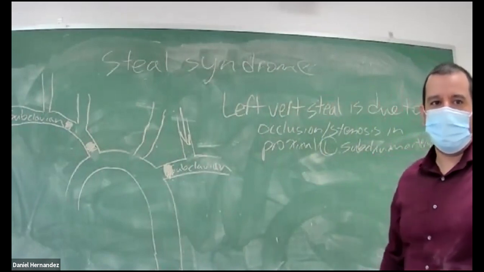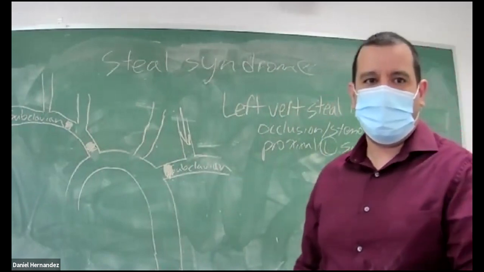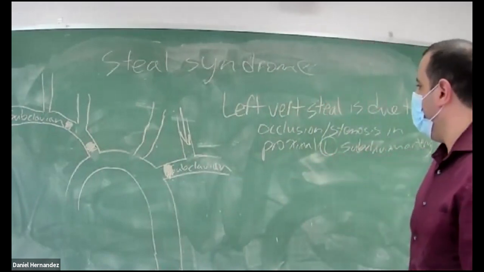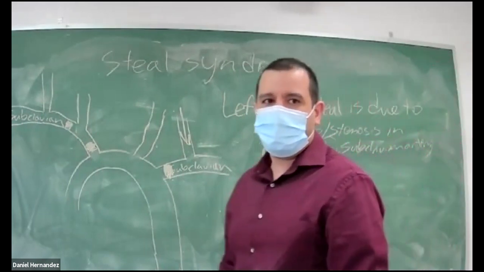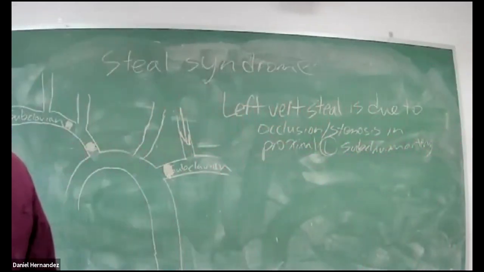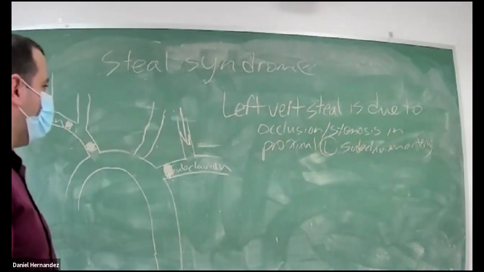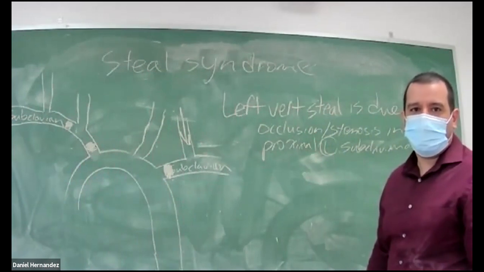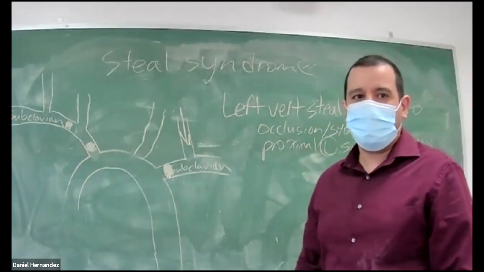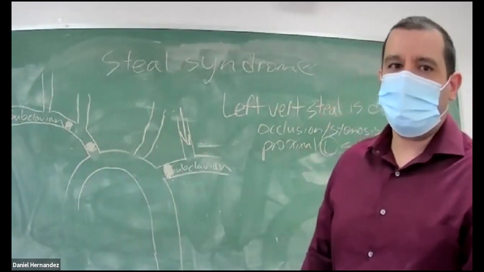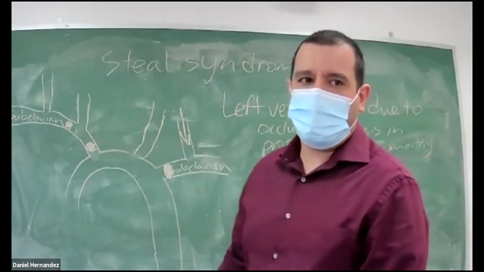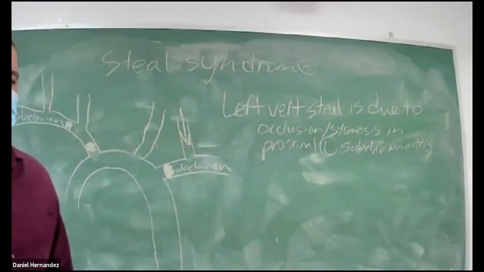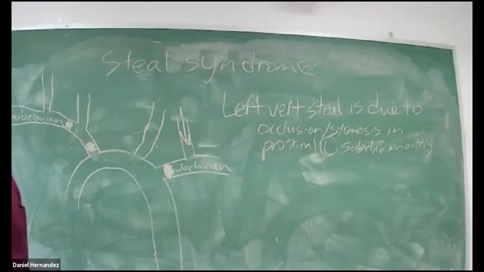We could prove it to the radiologist, like, hey, they've got this high-grade stenosis or it's occluded. This is the cause of that subclavian steal syndrome. And then the doctors and surgeons can plan accordingly. If we're not able to visualize that blockage or stenosis, they may go for additional testing. They could potentially do a CAT scan angiogram, a CTA, or an MRA.